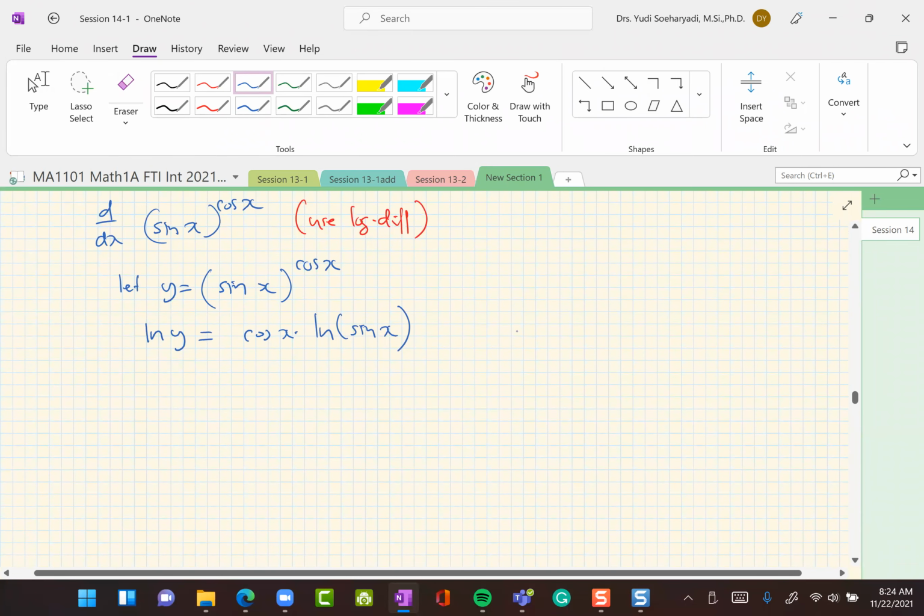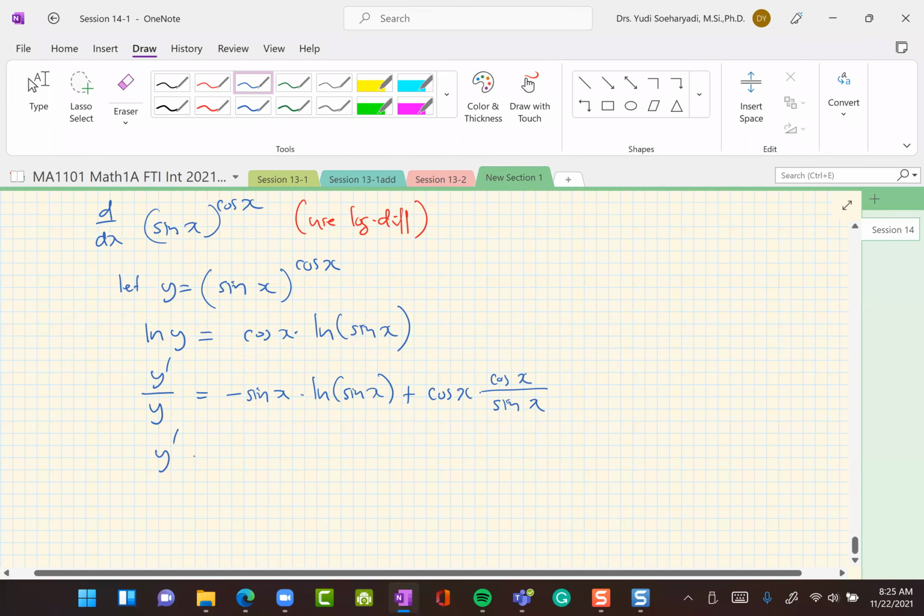Okay, and when you take the derivative of both sides, on the left hand side you get y prime over y, and the right hand side, well, just the product rule. The derivative of cosine is negative sine, times ln of sine x, plus cosine times the derivative of ln of sine. The derivative of ln of sine is 1 over sine times the derivative of sine, which is cosine.